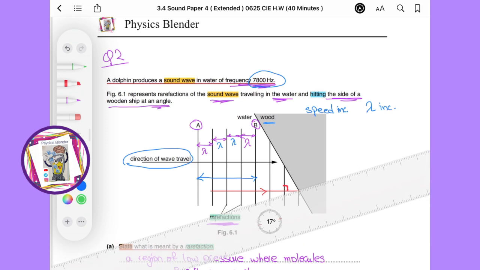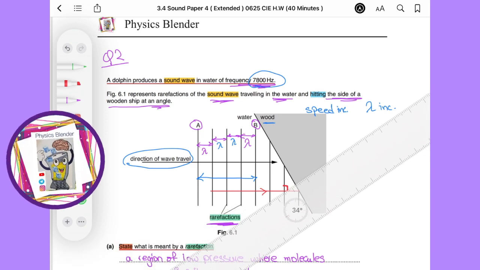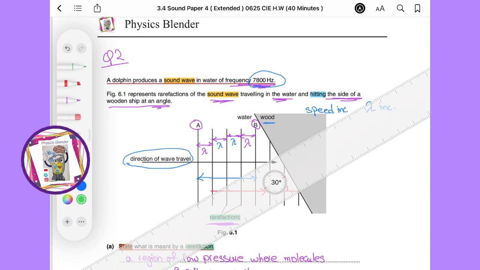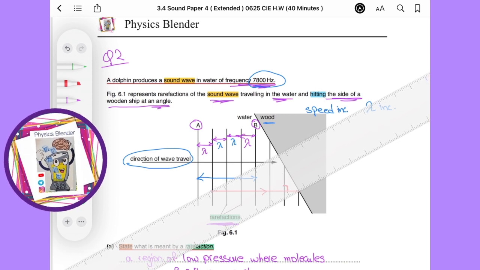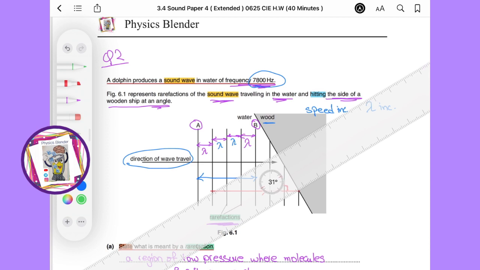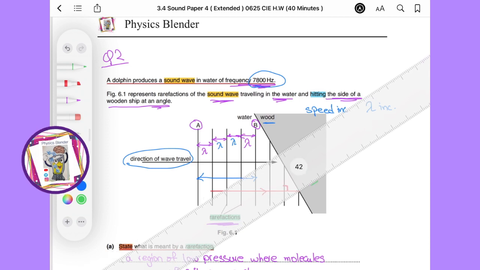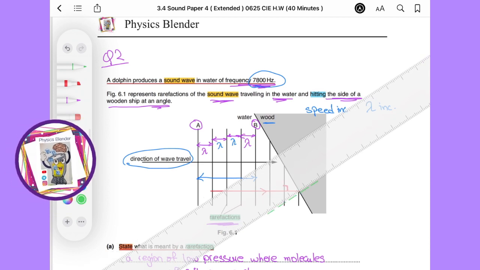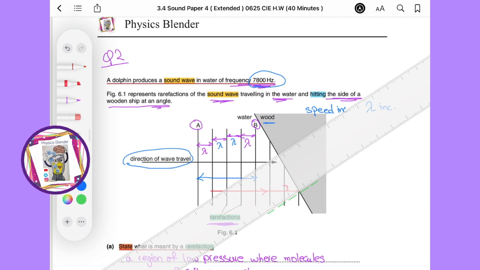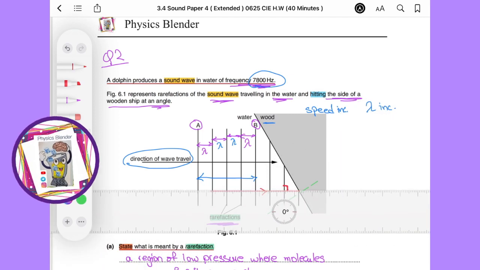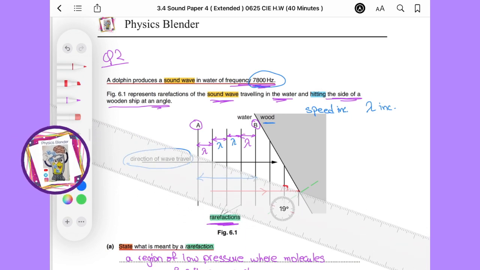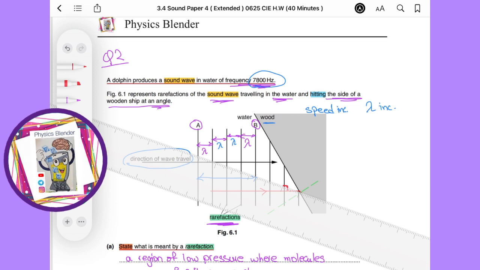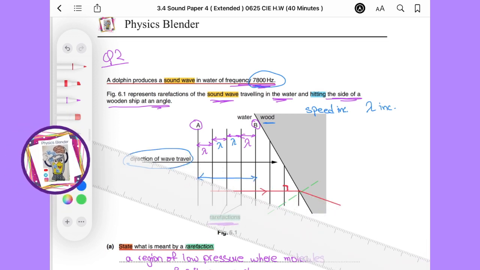When you draw normal to the boundary, what happens? The direction of wave travel will change, it will bend, it will be away from the normal in this direction. So this one will be the new direction of wave travel.